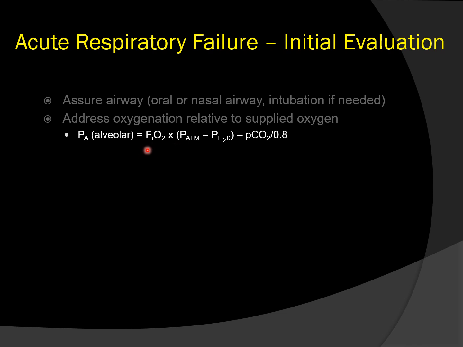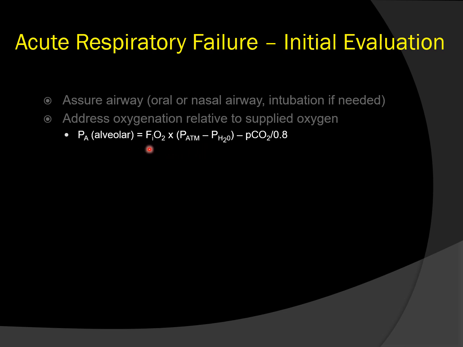First of all, we can obviously raise the FiO2 with supplemental oxygen. That will help raise alveolar oxygen. We have to remember that atmospheric pressure of 760 has to have a correction for the water vapor pressure, which is 47. So it's 760 minus 47 is how much space is available in the atmosphere to contain oxygen.